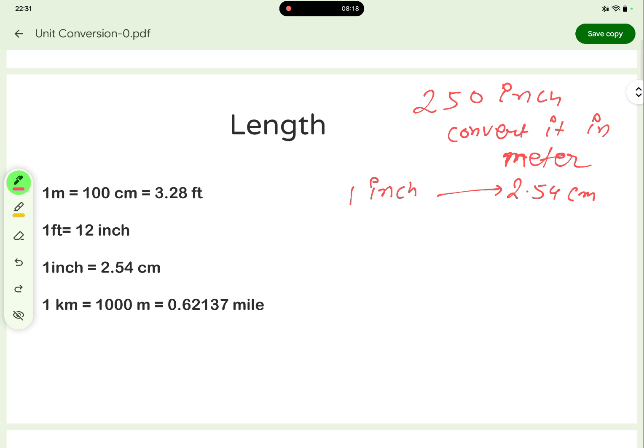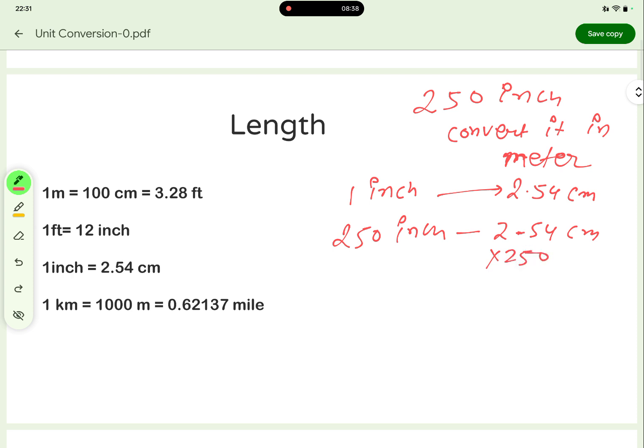So inch is given, right? So 1 inch is equal to 2.54 centimeter. So we have to simply do the multiplication. So 250 inch is equal to 2.54 centimeter multiplied with 250.